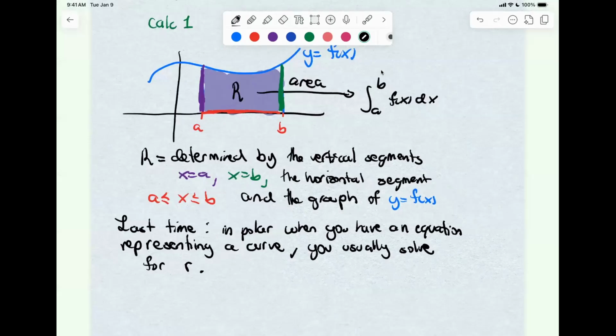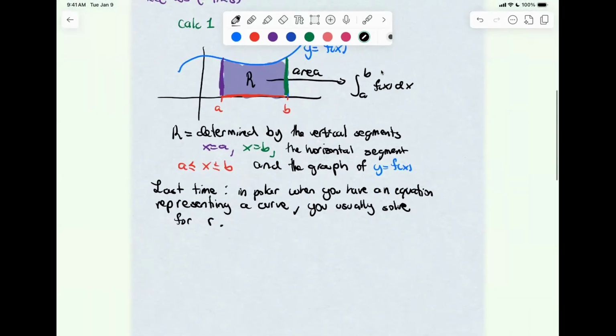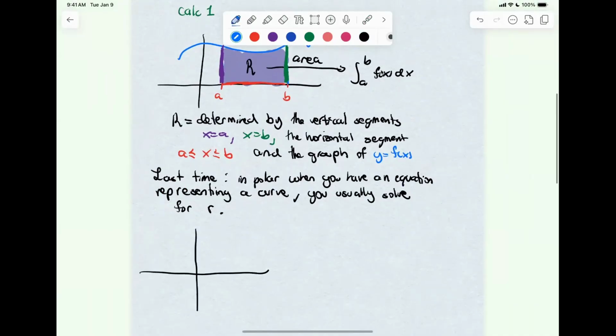Just to give you some examples of what I mean, some of which we worked out last time, the most obvious one is, what if you had an actual circle, like x squared plus y squared equals 4? If you rewrite this equation in polar, you get r equals 2, right?